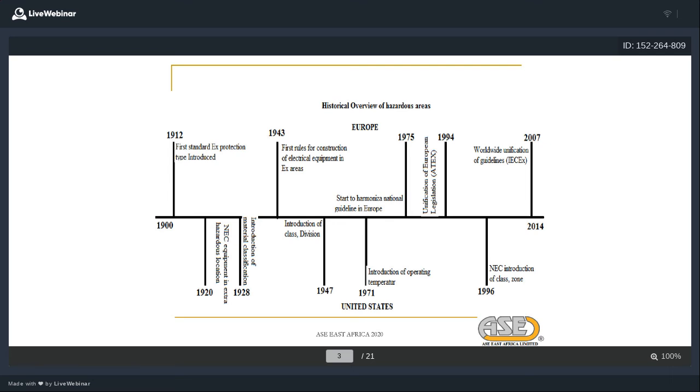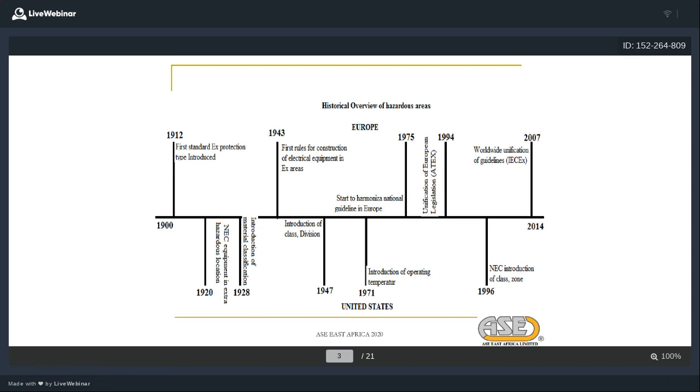In 2007, there came this worldwide unification guideline, that is the IECEx scheme. This is the International Electrotechnical Commission, in which the world now can use the same testing and certification of devices used in Ex areas or in explosive areas, so they can be sold worldwide.